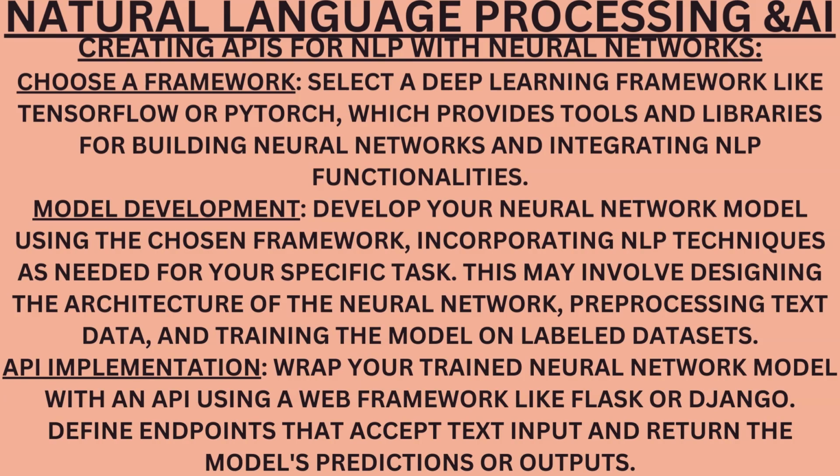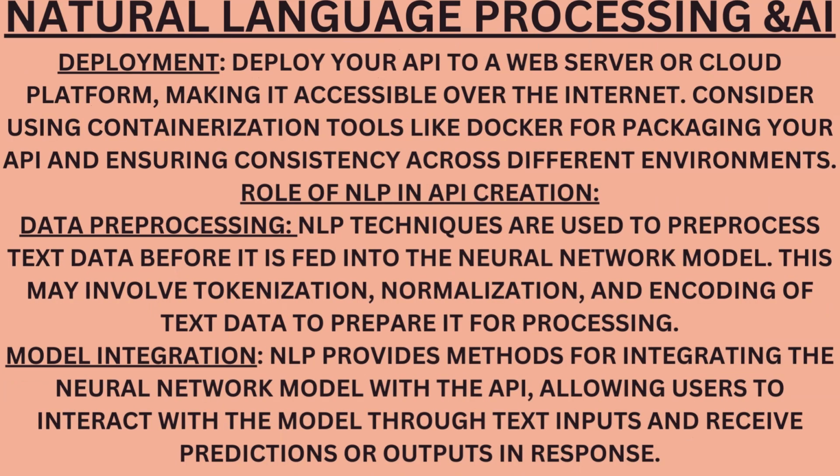Wrap your trained neural network model with an API using a web framework like Flask or Django. Define endpoints that accept text input and return the model's predictions or outputs. Deployment. Deploy your API to a web server or cloud platform, making it accessible over the internet. Consider using containerization tools like Docker for packaging your API and ensuring consistency across different environments.